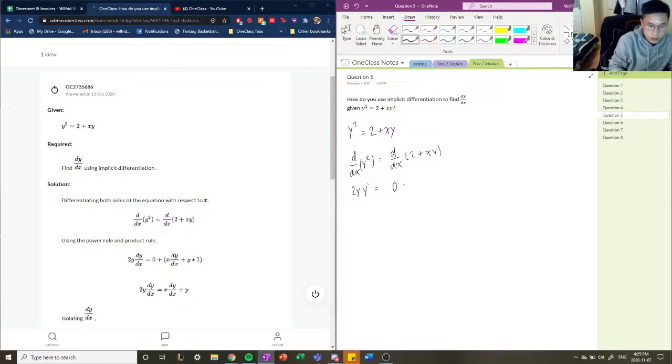So let's do this. It's x prime, which is 1, times y, plus y prime times x. Okay. So now we're just left with 2y prime equals y plus y prime x. Okay, so we're going to isolate for y prime.